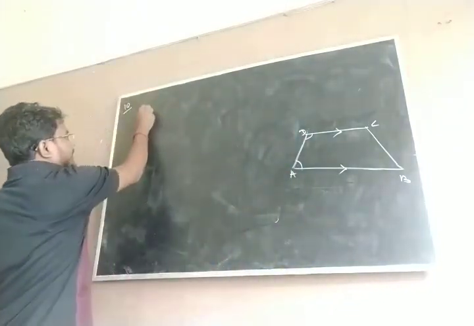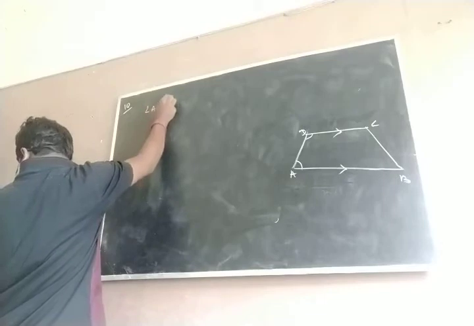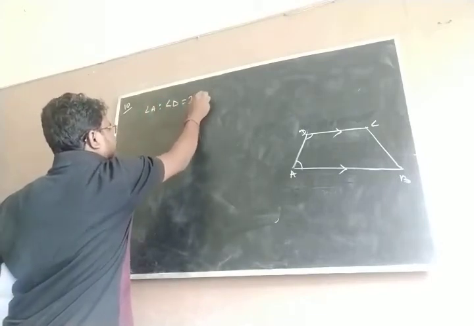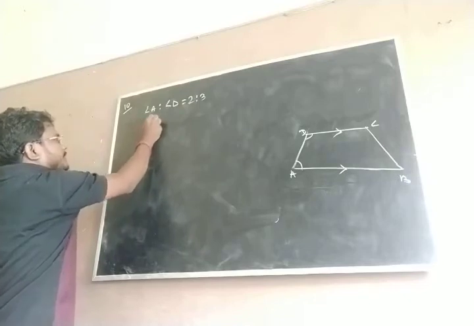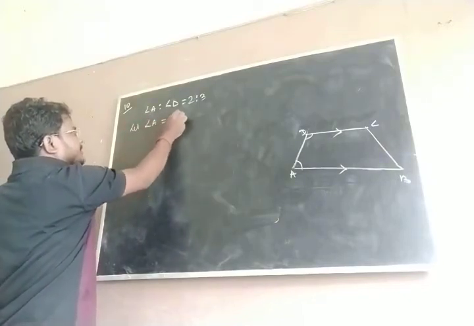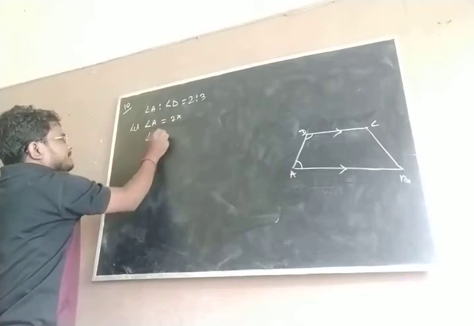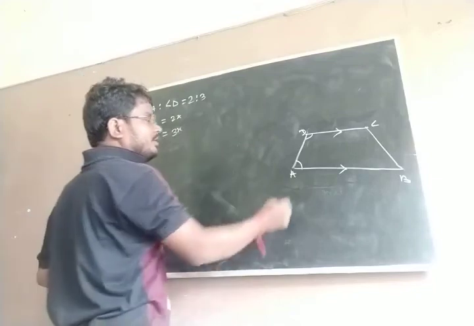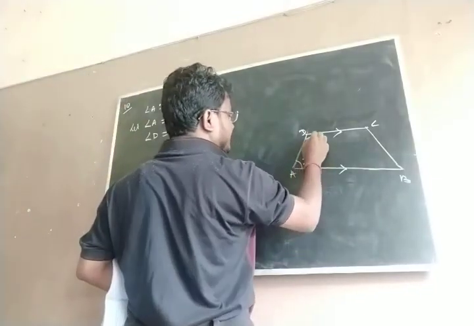So at my side, angle A is to angle D, 2 is to 3. Let angle A equal 2x, then what will be angle D? 3x. This is 2x and this is 3x.